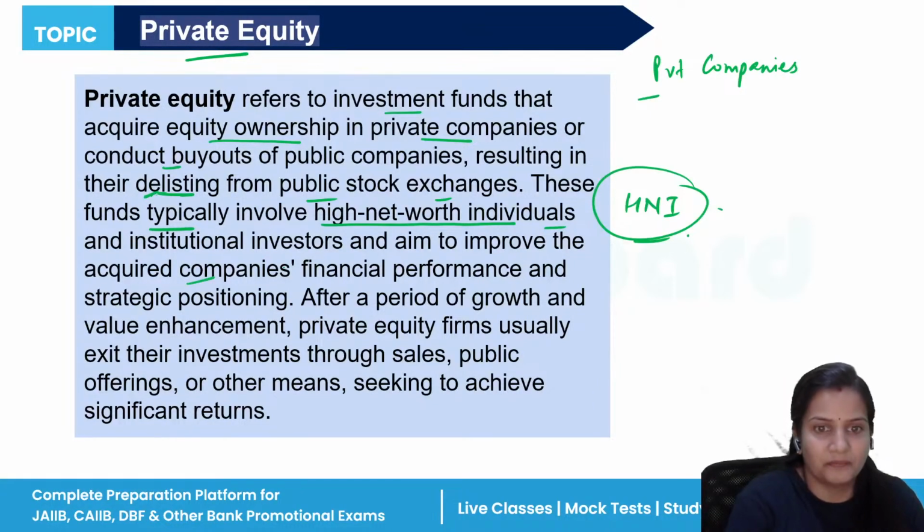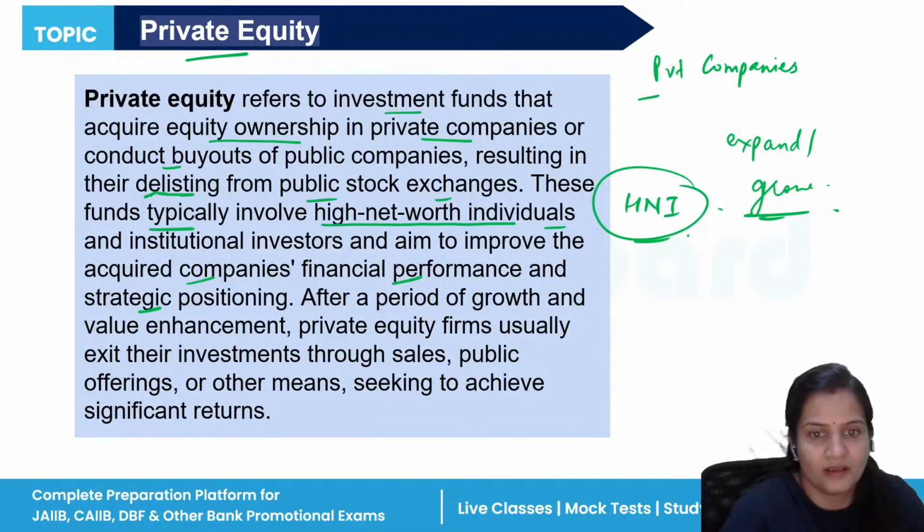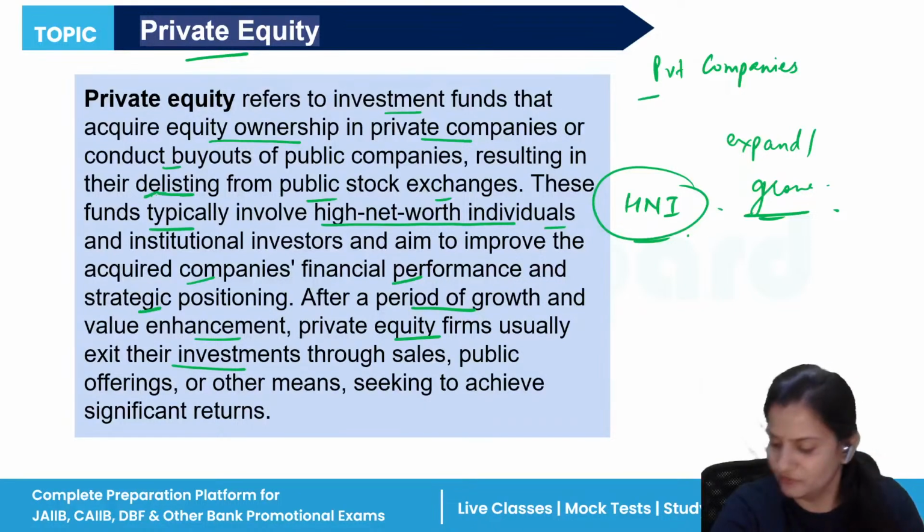They aim to improve the acquired company, its financial performance, the strategies, the plans, so that the company may expand and grow. And after a period of growth and value enhancement, these private equity firms usually exit their investment. See, what do these people do?